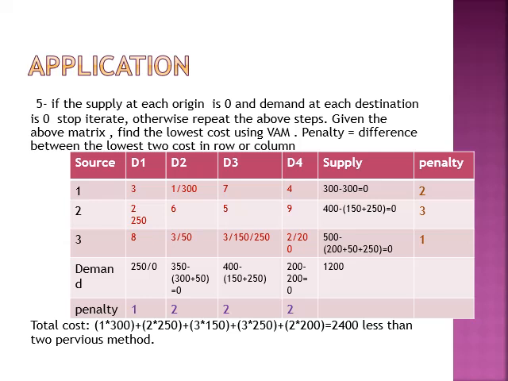Okay, now let us calculate the total cost. The total cost now is 1 times 300 plus 2 times 250 plus 3 times 150 plus 3 times 250 plus 2 times 200, which equals 2400.